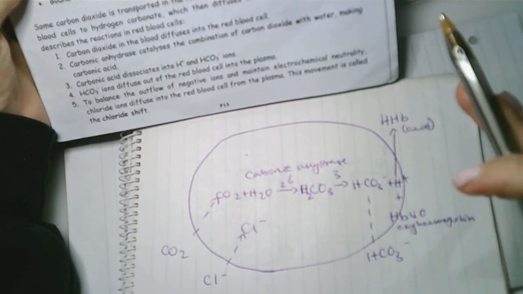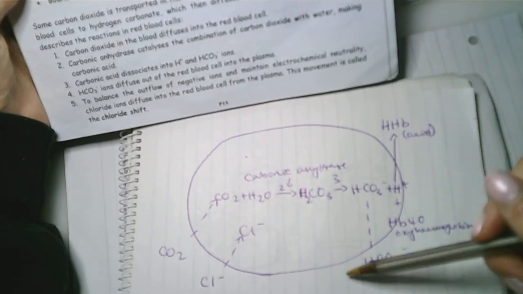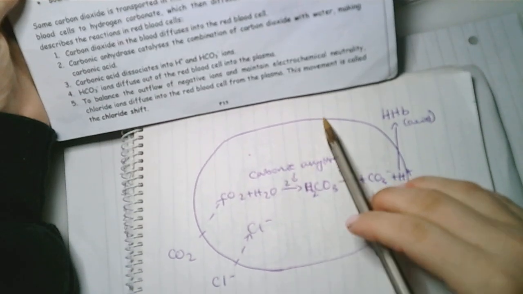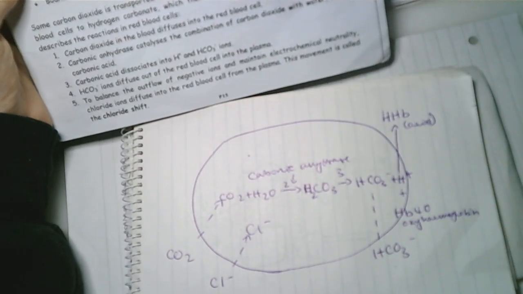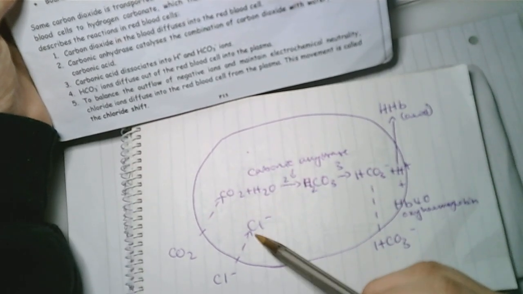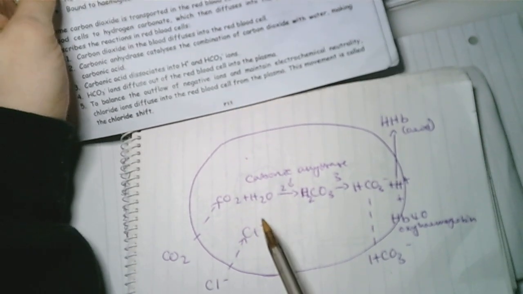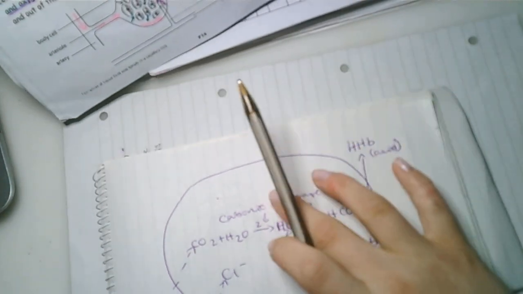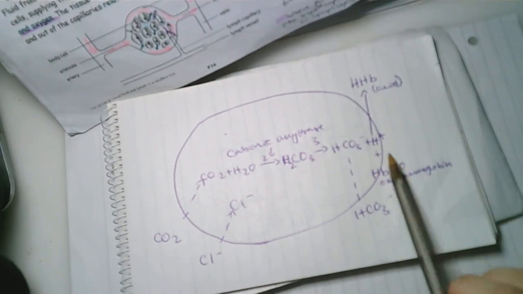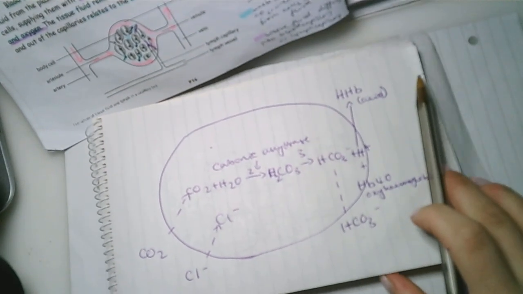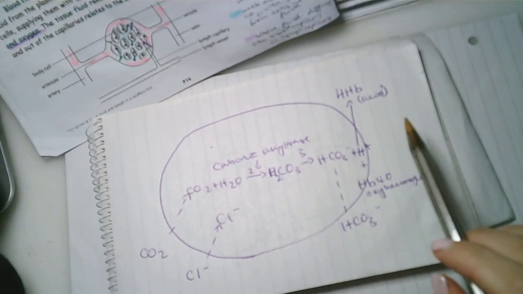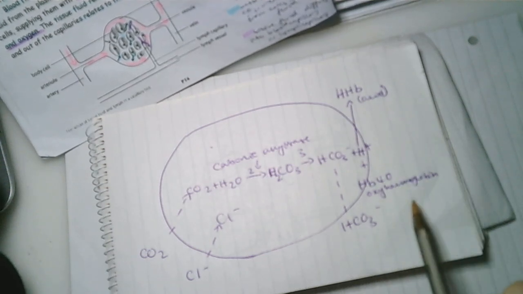And to balance the outflow of negative ions from the red blood cell and maintain electrochemical neutrality, chloride ions diffuse into the red blood cell from the plasma, and that movement is called the chloride shift. And then the H+ ions, the positive ions, cause oxyhemoglobin to dissociate into oxygen and hemoglobin.